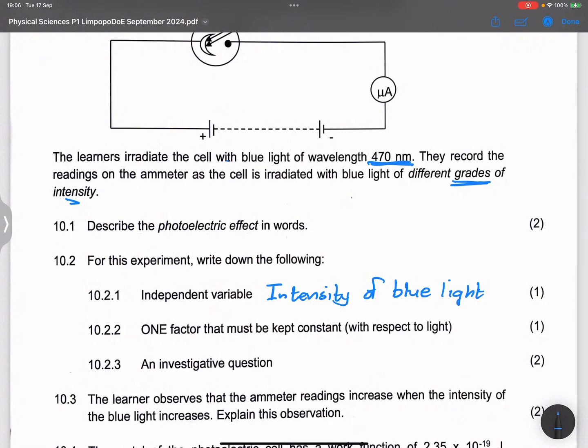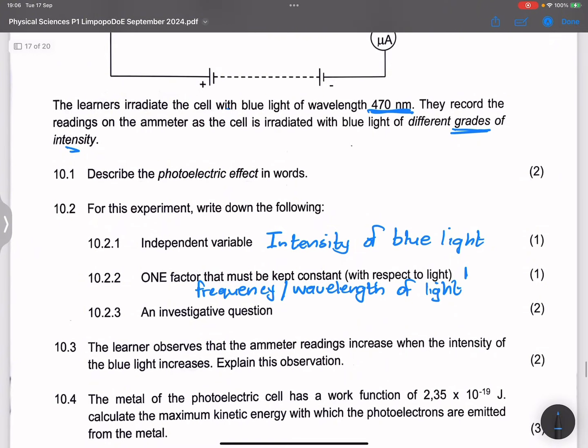We're making sure that we are using blue light throughout. Nothing wrong if you said the wavelength of the blue light.